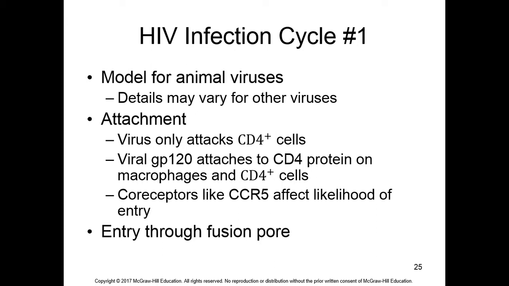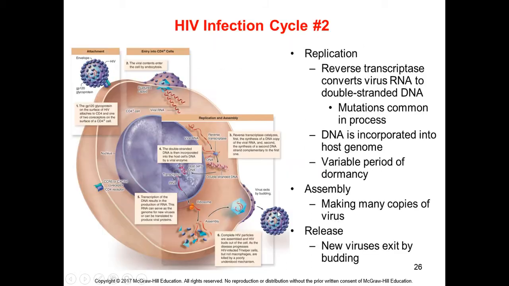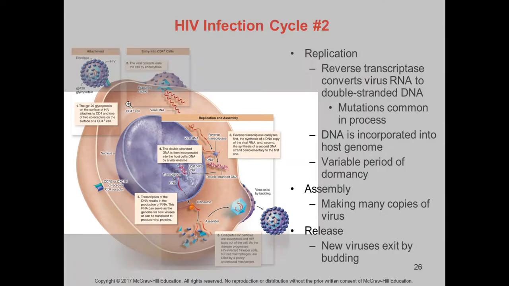What actually happens is that the viral GP120 proteins present on the viral envelope attach with the CD4 proteins on the macrophages and the CD4 cells, and after that they inject the viral nucleic acid into the host cell. Here you can see this whole mechanism.